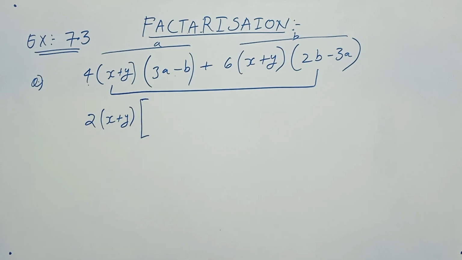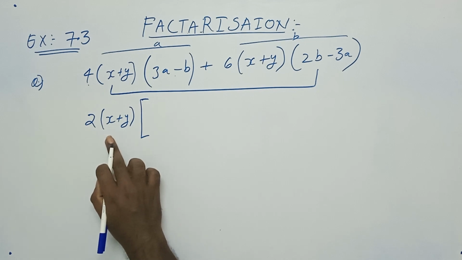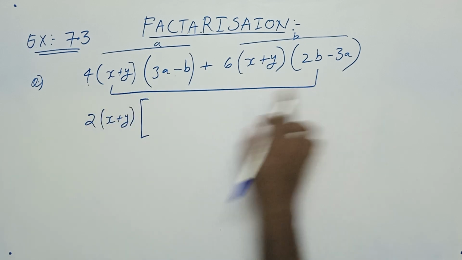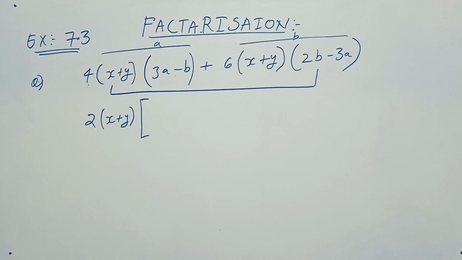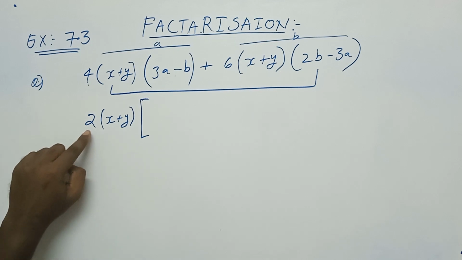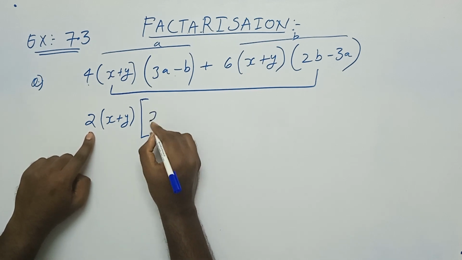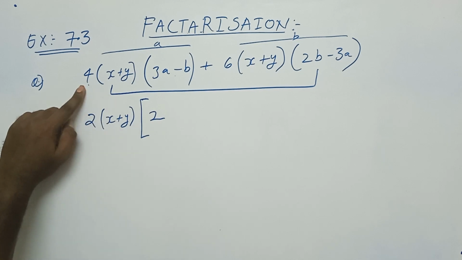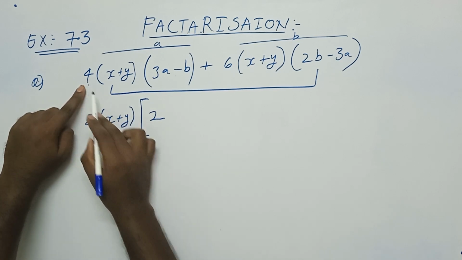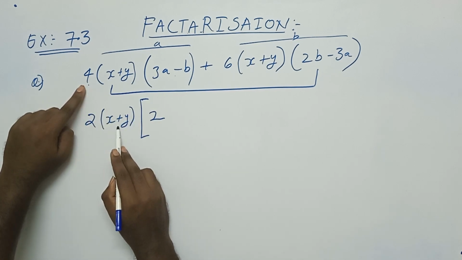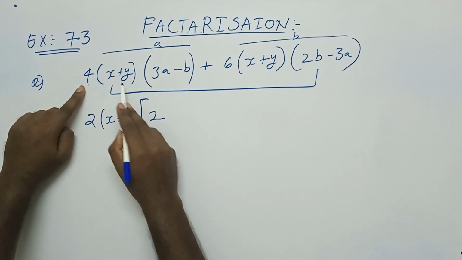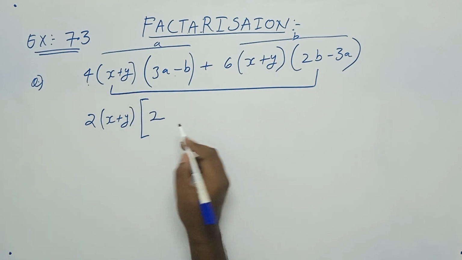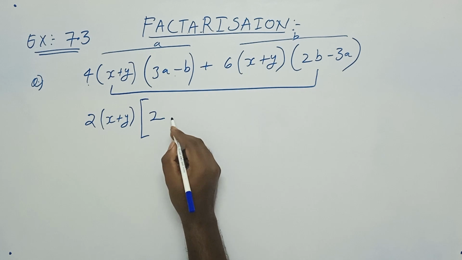Now we are going to divide the whole expression by 2(x + y). First, 2 times 2 is 4. And (x + y) times 1 is (x + y), so there is no need to place 1.